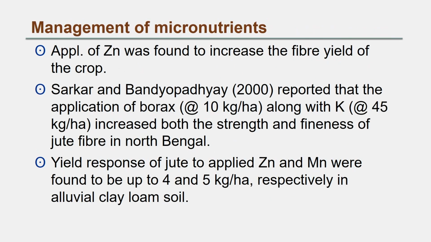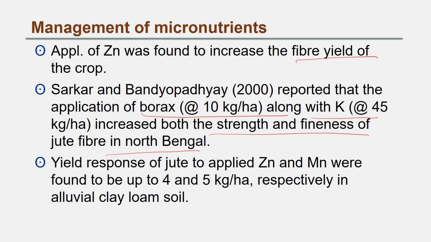Now, management of micronutrients, particularly zinc, boron, iron, etc. Application of zinc was found to increase the fiber yield of the crop. Sarkar and Bandyopadhyay reported that application of borax 10 kg per hectare along with K 45 kg per hectare increased both the strength and fineness of jute fiber in Bengal.